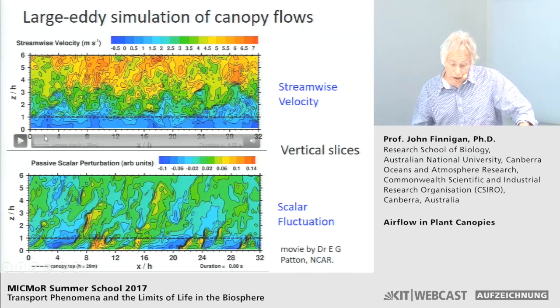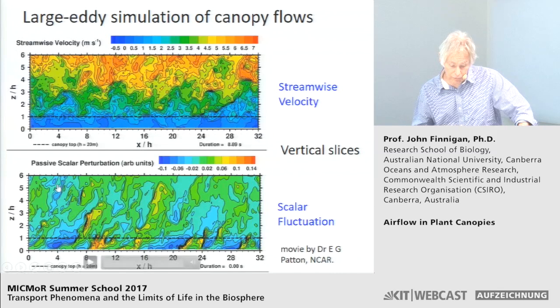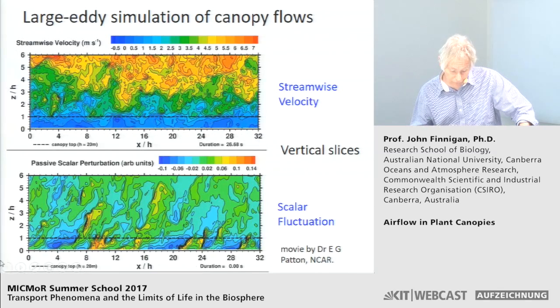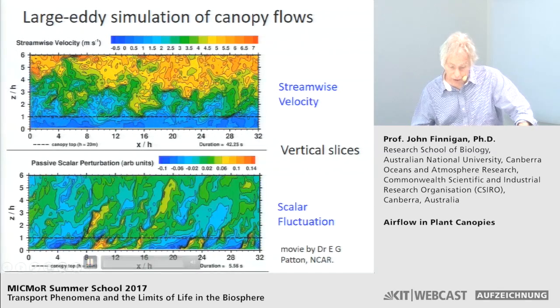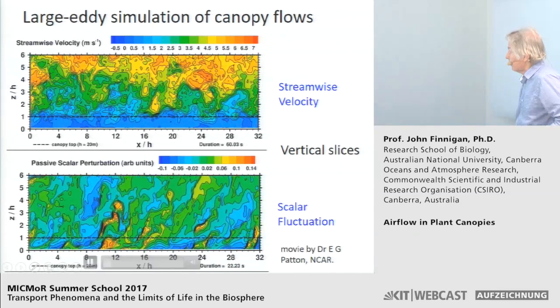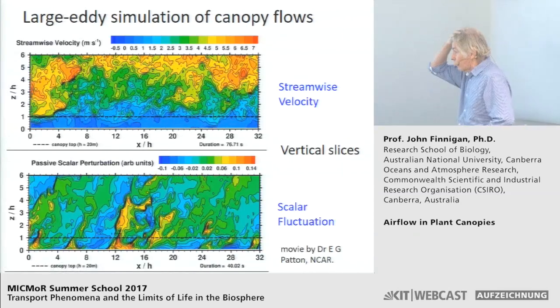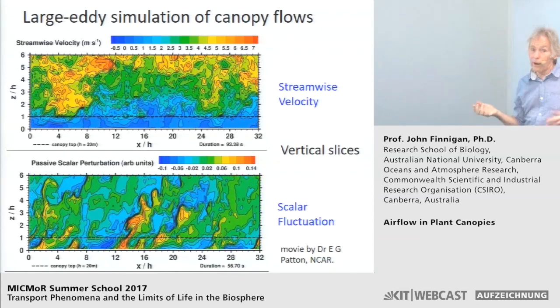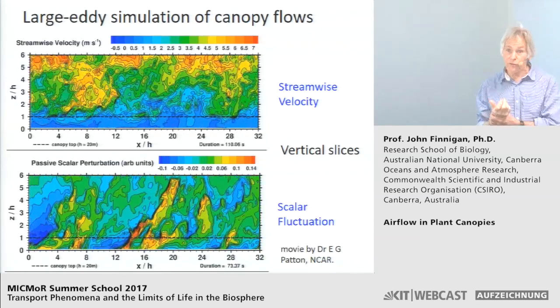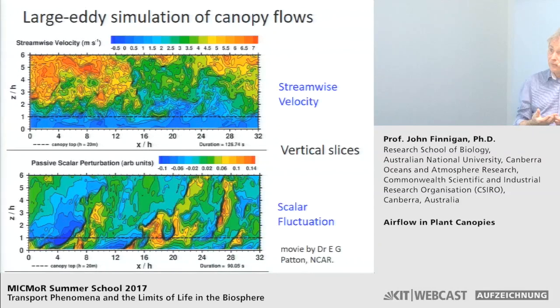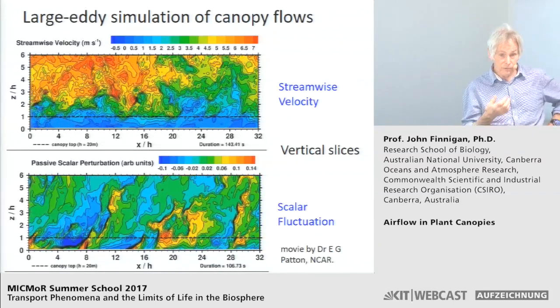But the most revealing kind of things are now being produced by large eddy simulations. The reasons we don't have time to go into in these talks about why large eddy simulations of canopy flows actually are better simulations than standard boundary layer flows.